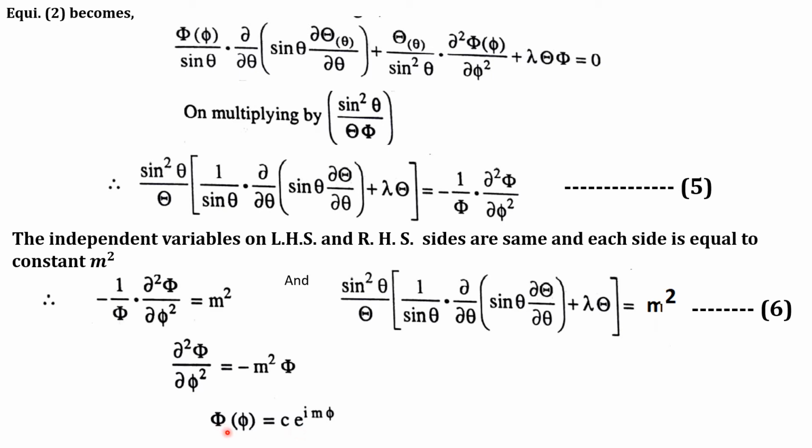We get one of the independent terms in that equation, that is phi, expressed as a constant multiplied by exponential i m phi. Equation 6 we use in the next case, as one side must be equal to some constant m square.